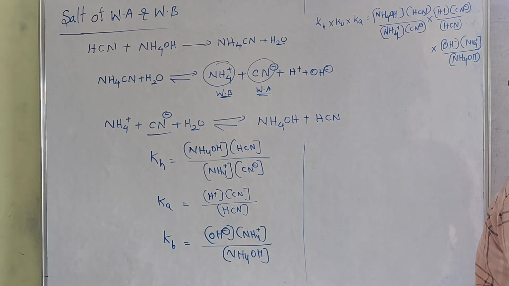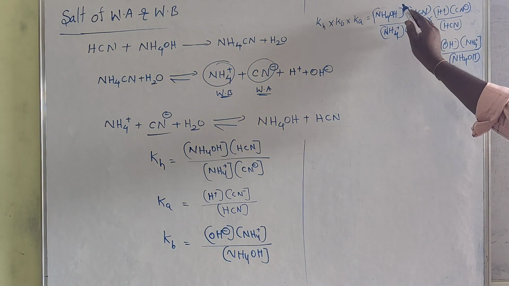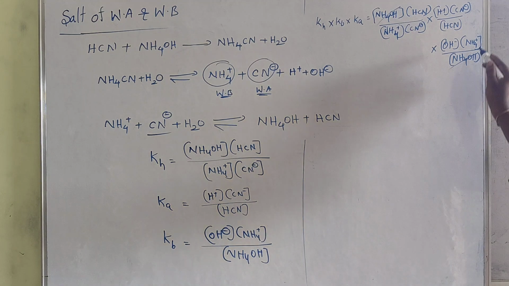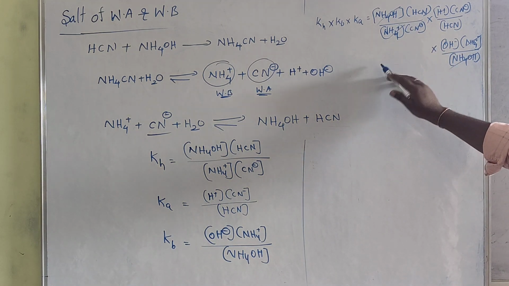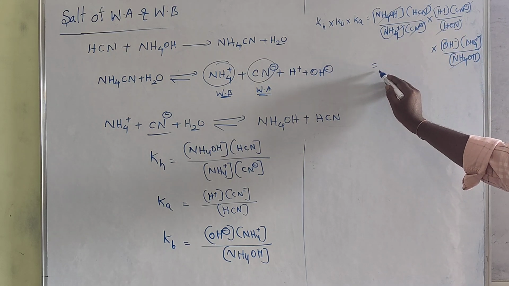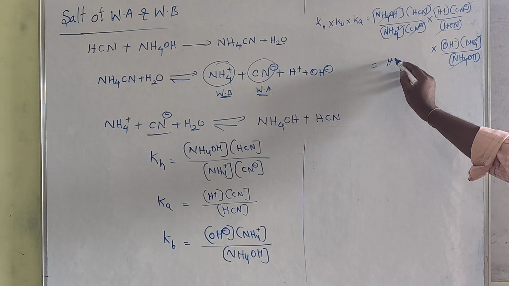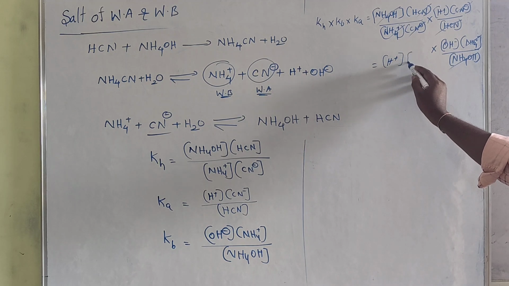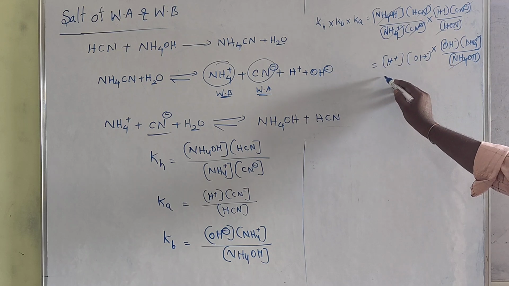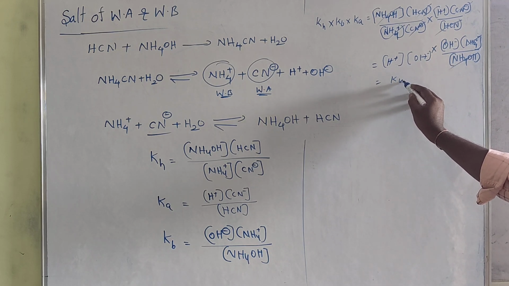Clear? So NH4OH cancels, NH4 plus cancels, CN minus cancels, HCN cancels. Finally you get H plus ion concentration into OH minus ion concentration, nothing but Kw.